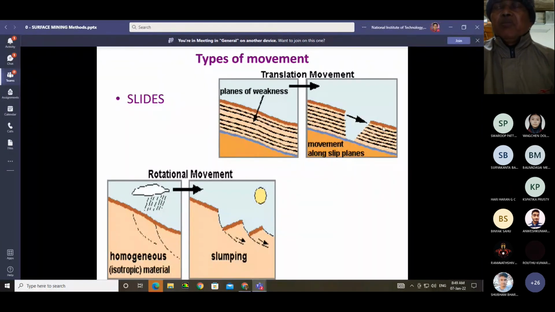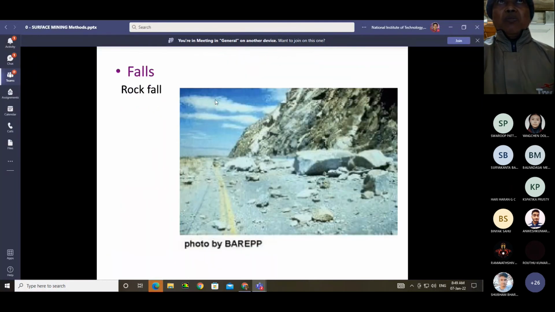This is the material flowing down, and this is the rotational movement like slumping, in homogeneous isotropic material. The slumping takes place because of the rainwater. Rotational movement takes place. And this is the rock fall, how the rock is falling down from the top of the bench to the bottom.